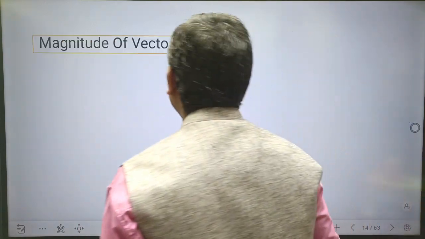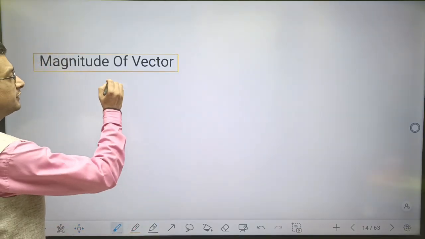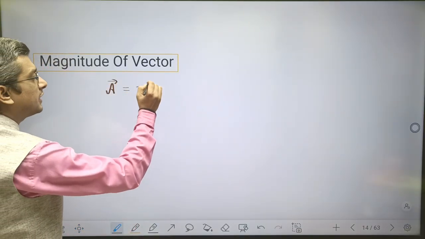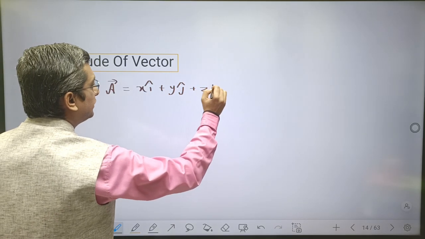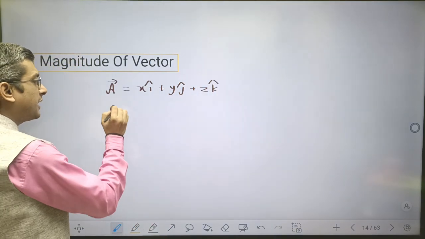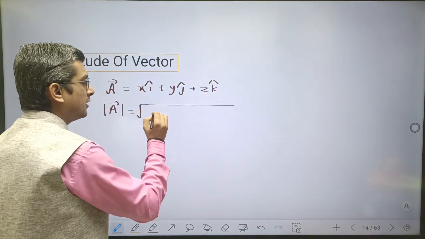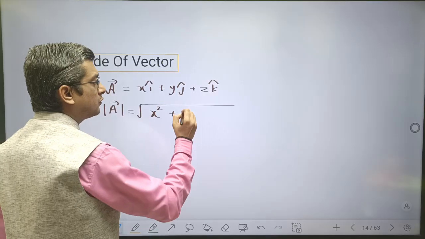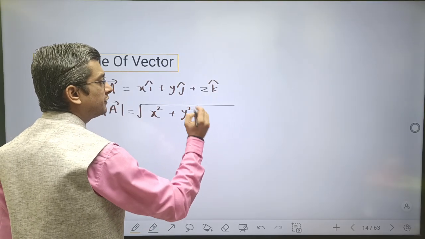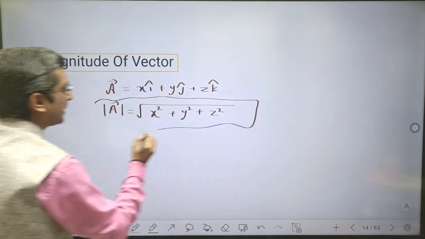For example, if any vector is represented by x i cap plus y j cap plus z k cap, then its magnitude will be given very simply by root over the square of the coefficient of i cap plus the square of the coefficient of j cap plus the square of the coefficient of k cap. So this is the formula of magnitude.